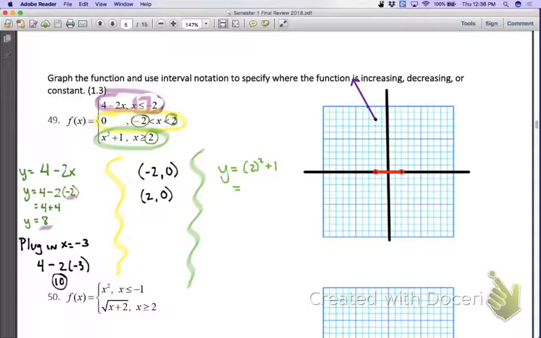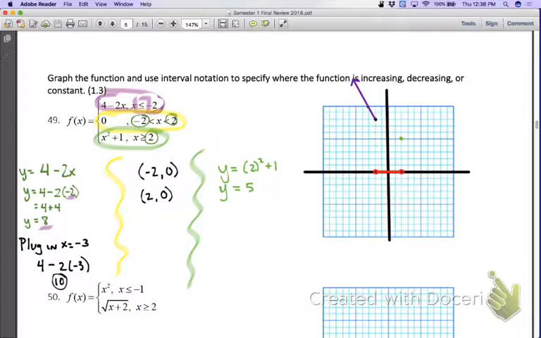So my y value is going to be at 5. Right? So when x was 2, my y value is at 5. So I'm going to come over here to my graph. So when x is 2, I'm going to go up to 5. Is it an open or a closed circle? Closed circle. Okay, so I go over to 2, up to 5.